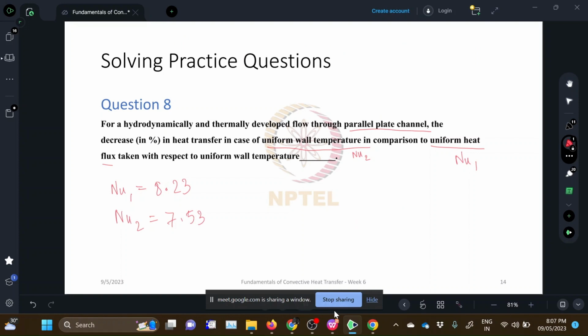7.53. So now this percentage decrease would be a negative one. So it will be Nu1 minus Nu2 divided by Nu1 into 100%. So Nu1 is 8.23 minus 7.53 divided by 8.23 again into 100%.